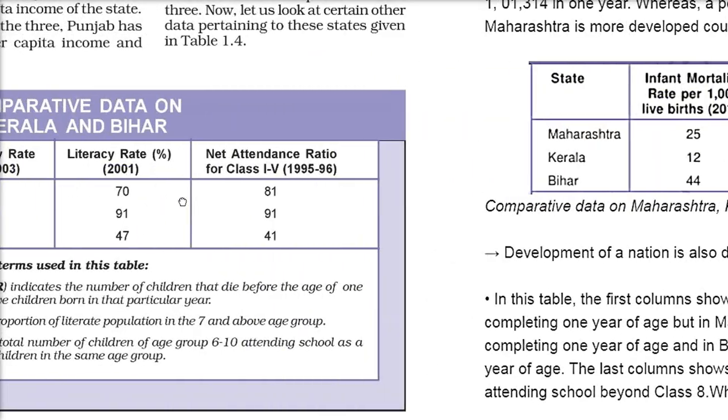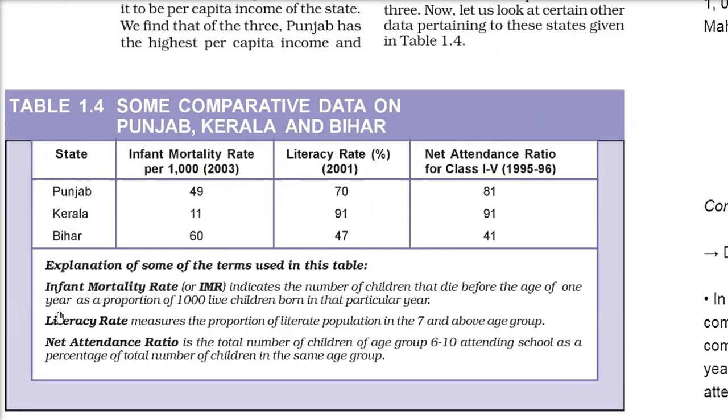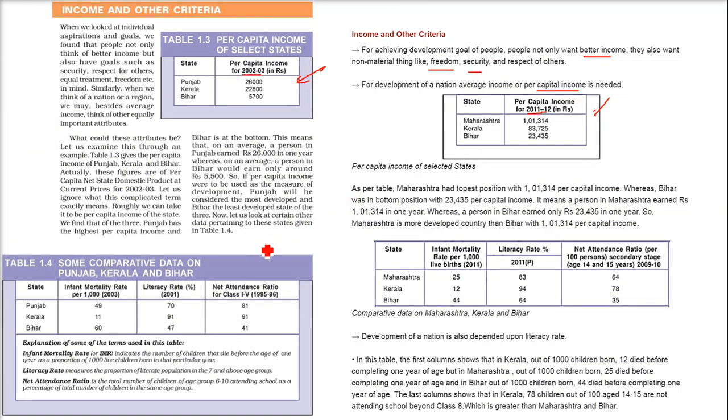That is, what is the infant mortality rate? Let me tell you what these are. These are very important words. Infant mortality rate indicates the number of children that die before the age of 1 year as a proportion of 1,000 live children born in that particular year.